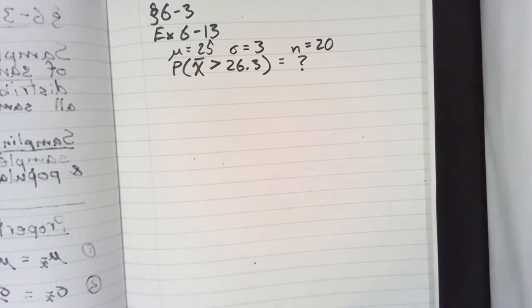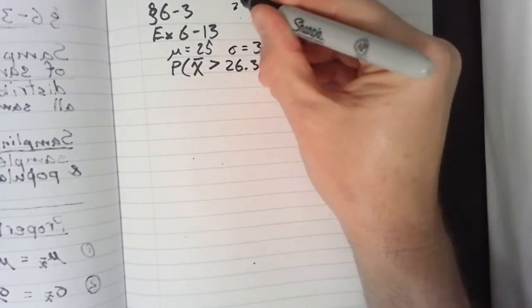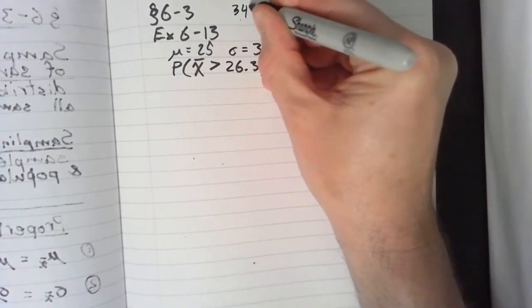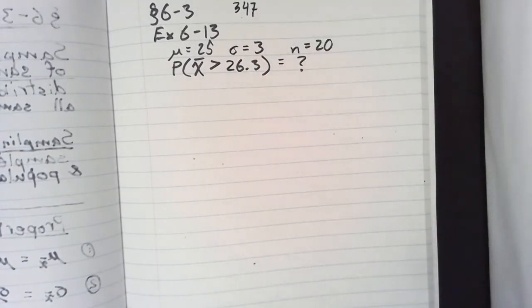Coming back, example 6-13, looking on page 347. It pertains to hours that children watch television. Children ages 2 to 5 watch an average of 25 hours of television per week. Assume the variable is normally distributed, and the standard deviation is 3 hours.